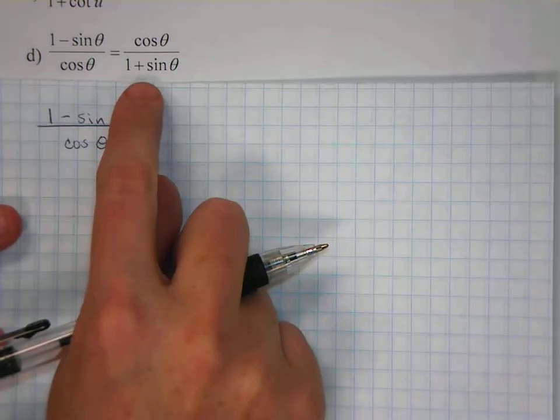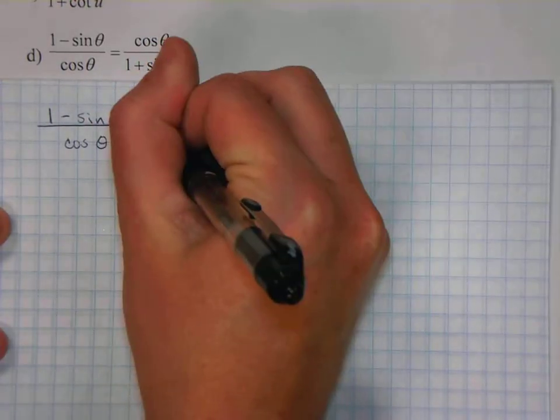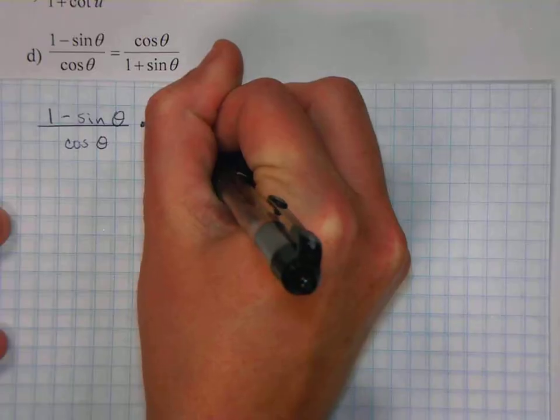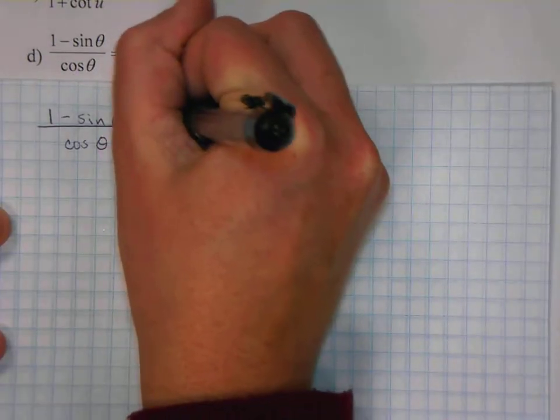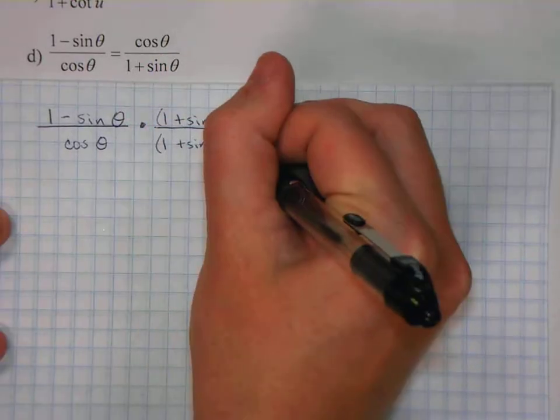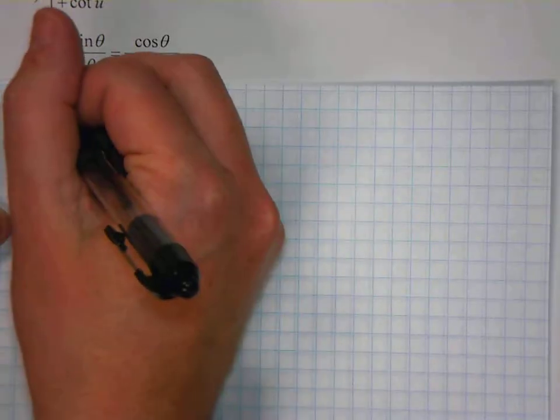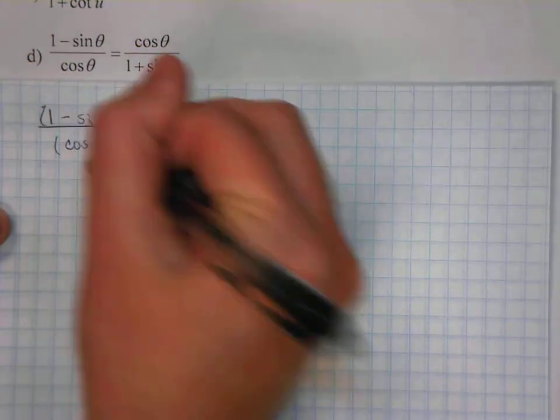So I want my denominator to become a 1 plus sine. So I'm going to go ahead and multiply numerator and denominator by that. And the reason we're allowed to do this is because really that's just a 1. It's not changing the whole question. I'm going to put some extra parentheses in just to make sure it's clear what's happening.